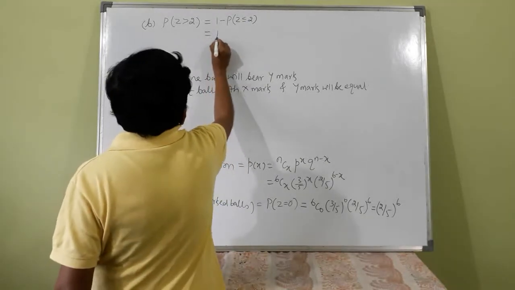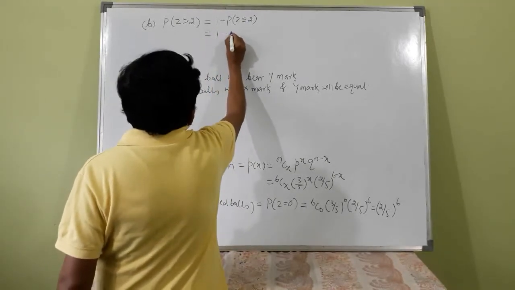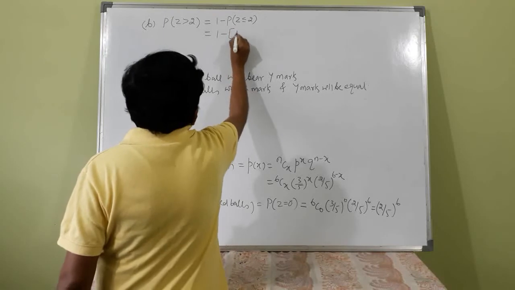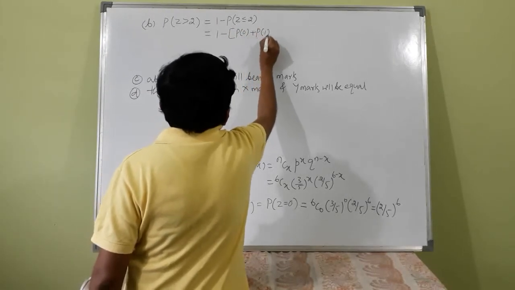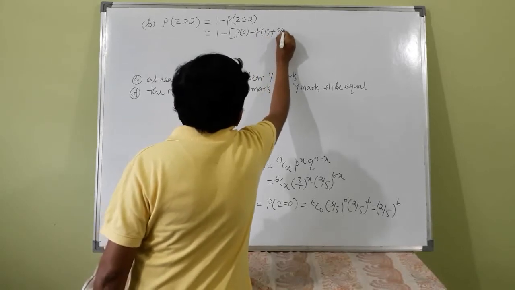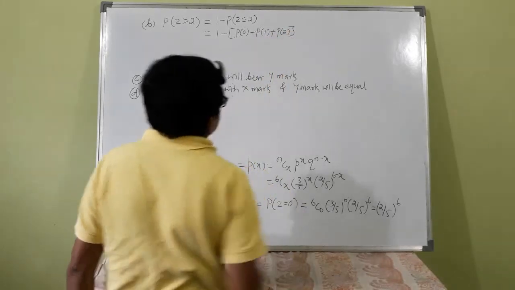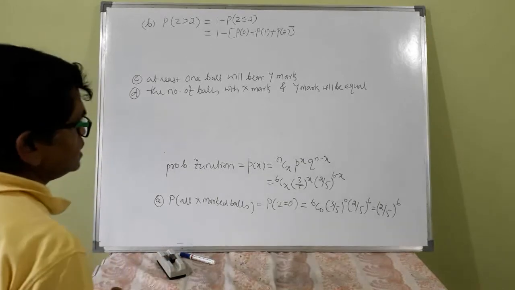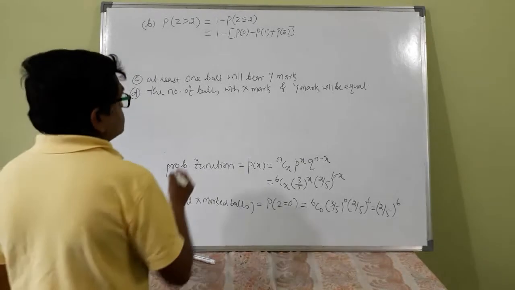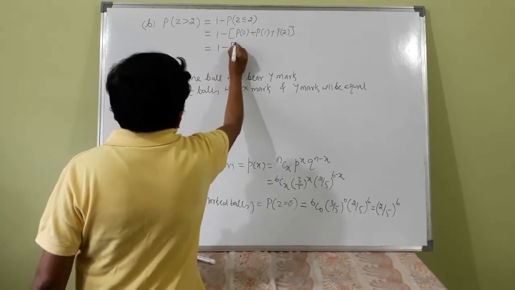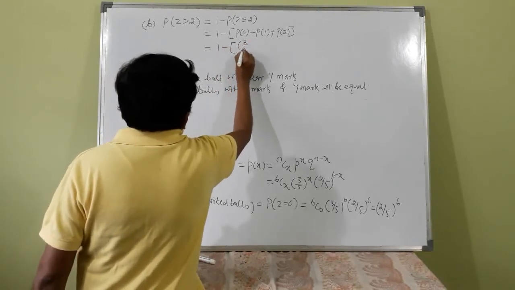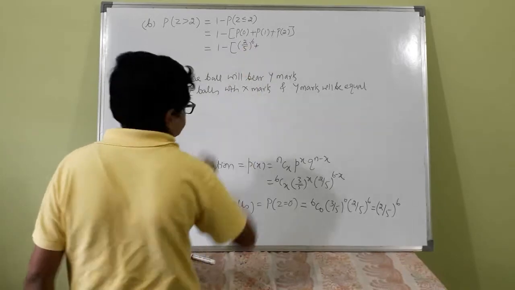That is 1 minus probability of 0 plus probability of 1 plus probability of 2, the sum of these three, and 1 minus of that. P of 0 is 2 by 5 raised to 6.